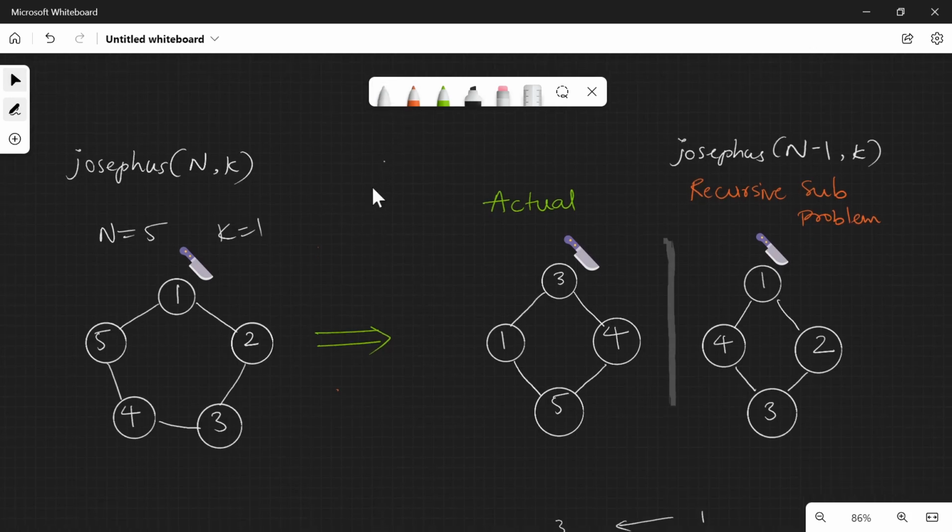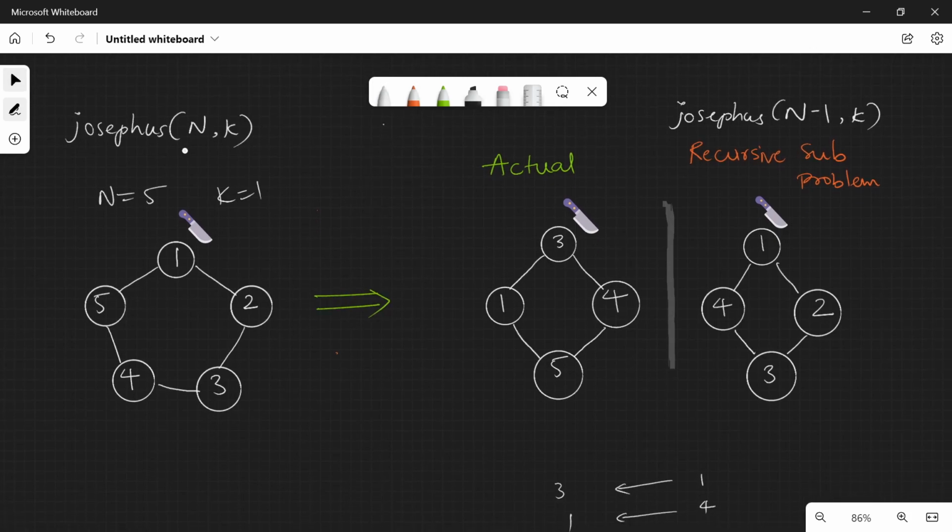So this is our problem. This function solves the Josephus problem of n nodes, and we have to kill the kth person after the current knife holder. This will return the number of the survivor.